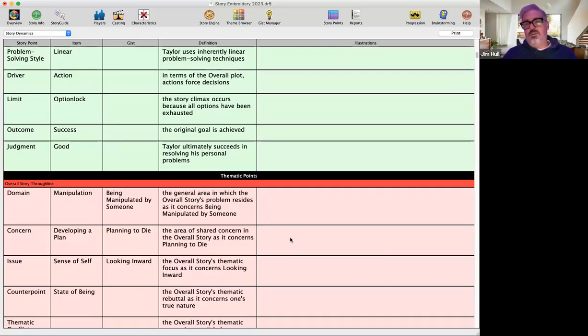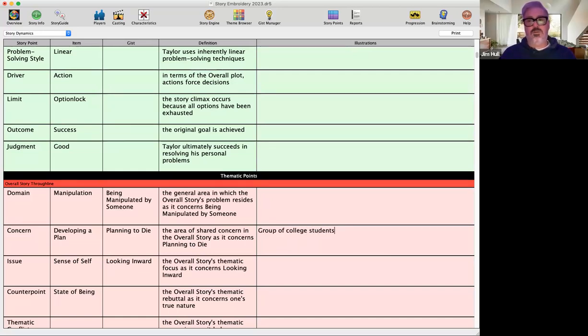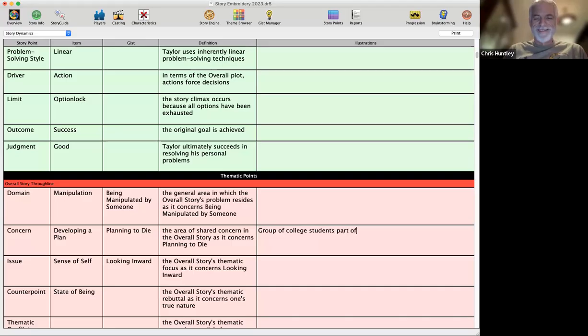Yeah, so it's a group of college students, and they are part of something called the Future Funeral Planners of Canada. Funeral planners.